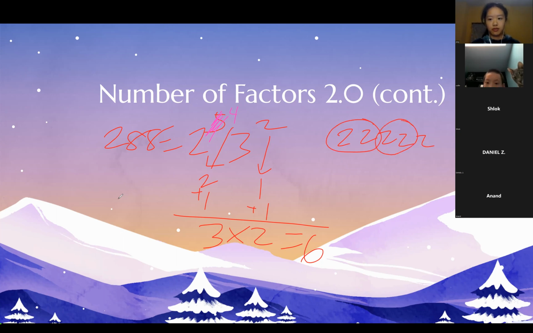You can ignore that leftover one, because a perfect square can't have an odd number of prime factors. So the maximum number of 2s that a perfect square made from 288 could have is four 2s, not five. Therefore, you can just drop it. Does that make sense to everyone?